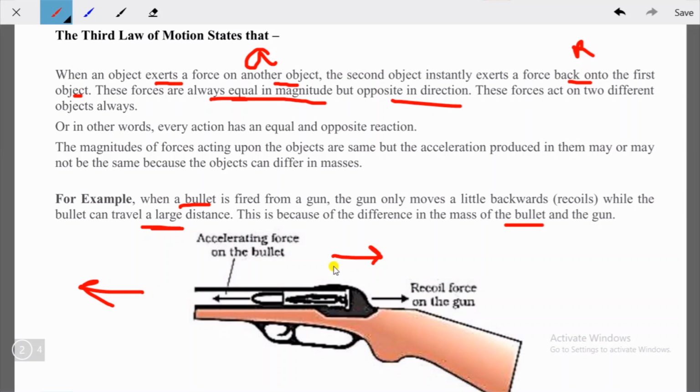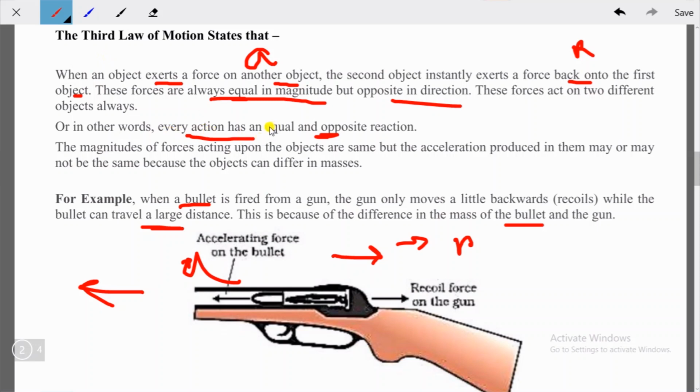This is a very good example of Newton's third law of motion. So the firing of the bullet is action, and this movement of the gun in the backward direction is called reaction. In one line, if you want to conclude Newton's third law of motion, you can say every action has an equal and opposite reaction.